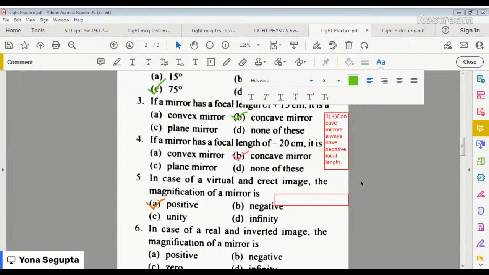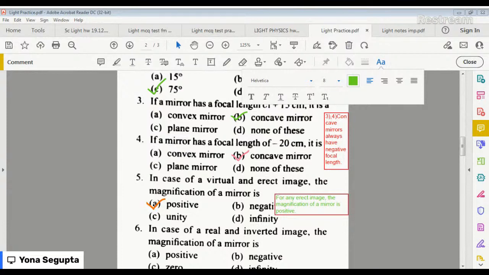Let's do it with some green. Okay, it will be positive, now the explanation comes. For any erect image, the magnification of a mirror is always positive, right? And what will be the magnification formula?